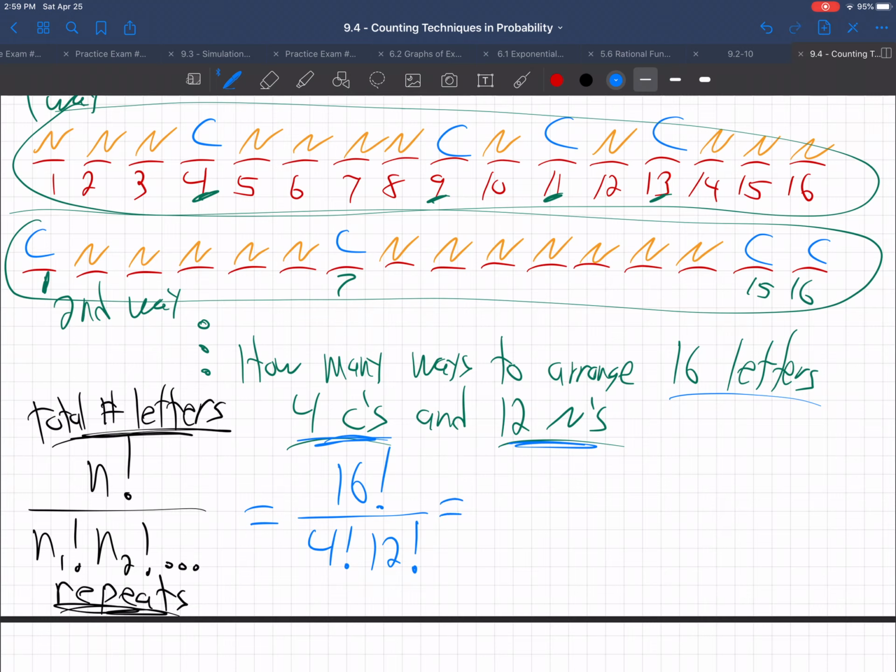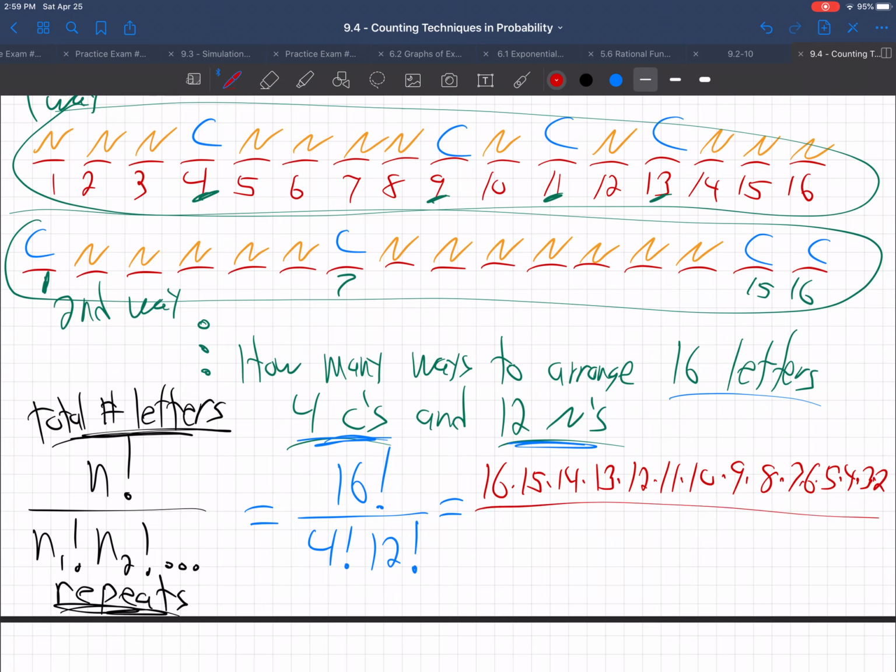So to work this out, it's going to be 16, 15, 14, 13, 12, 11, 10, 9, 8, 7, 6, 5, 4, 3, 2, and 1. I don't care about the 1.